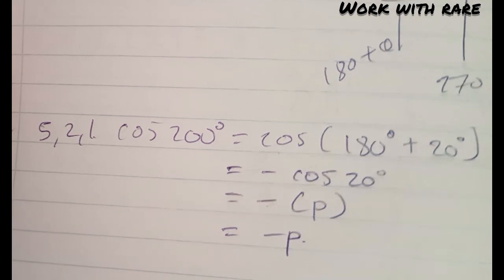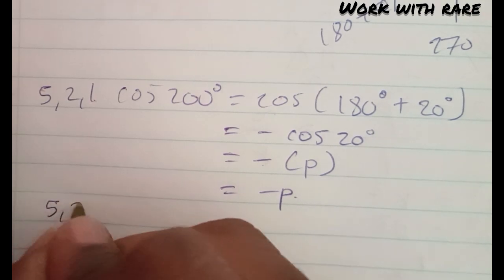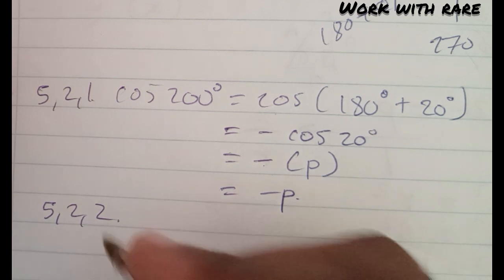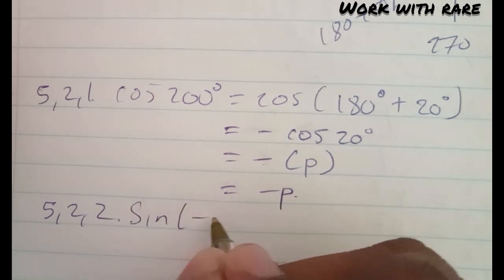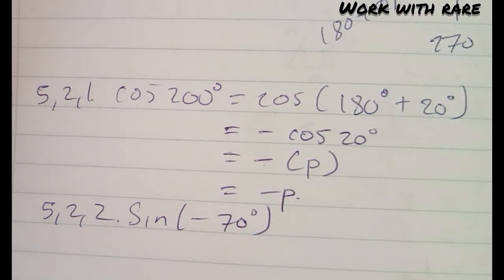So 5.2.2. Okay, so the first one was 2 marks. This one is also 2 marks. So this one we are given sine of negative 70 degrees inside the bracket.